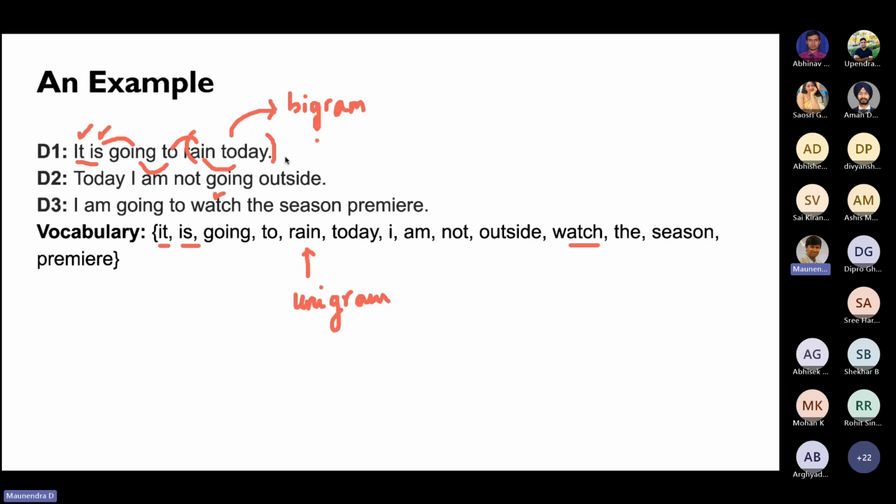So my vocabulary will be a combination of unigrams and bigrams. If needed, we can also have 3 consecutive words, which becomes a trigram. So although we are not able to store the complete sequence information, some bit of sequence information we can store.